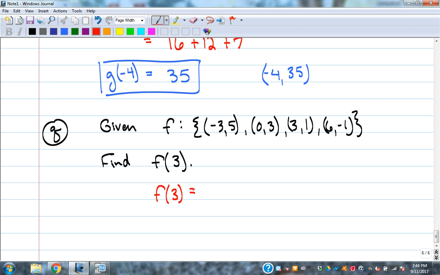What y value goes with 3? 1. There's x being 3. The y value that goes with it is 1. These are ordered pair form. Here's function notation form. 3, 1, 3, 1. Those go together. Okay?